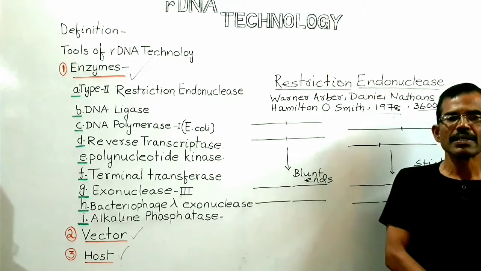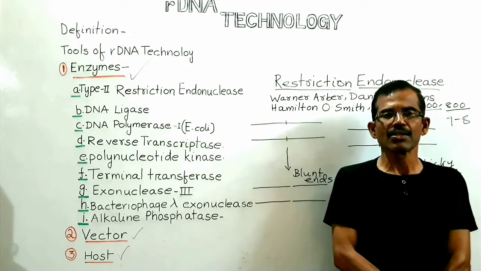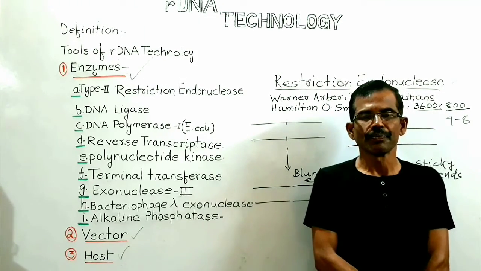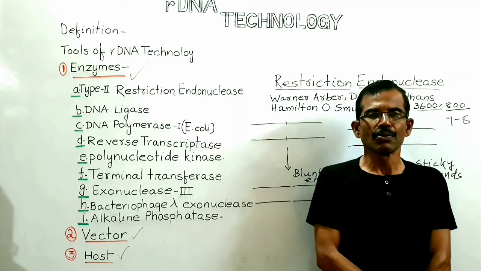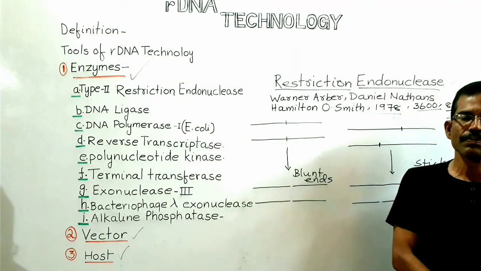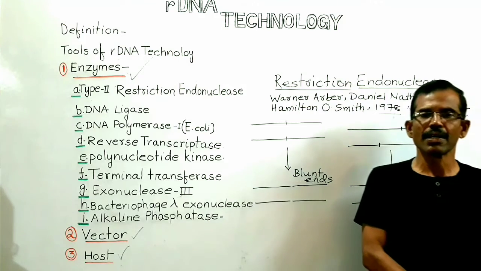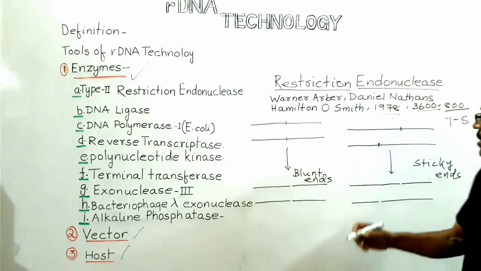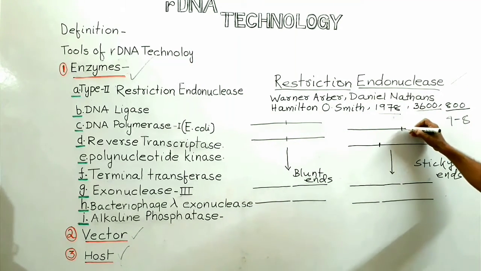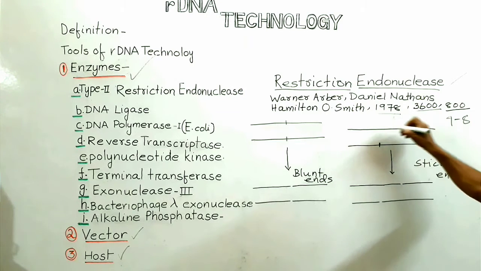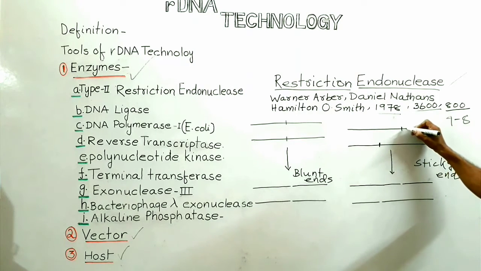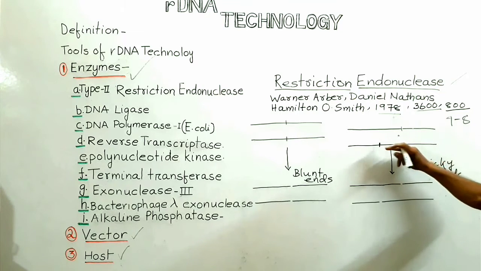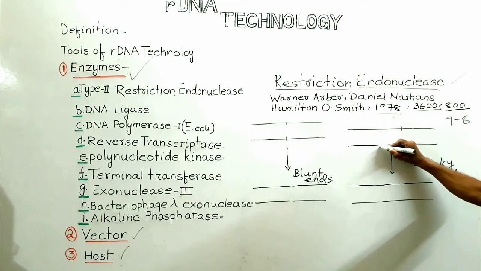Restriction endonucleases cleave both the strands of a double-stranded DNA molecule. Some produce staggered cuts, whereas others produce straight cuts. When a restriction endonuclease produces staggered cuts, the two strands are cleaved at different positions. This strand is cleaved at this position, whereas the complementary strand is cleaved at another position.